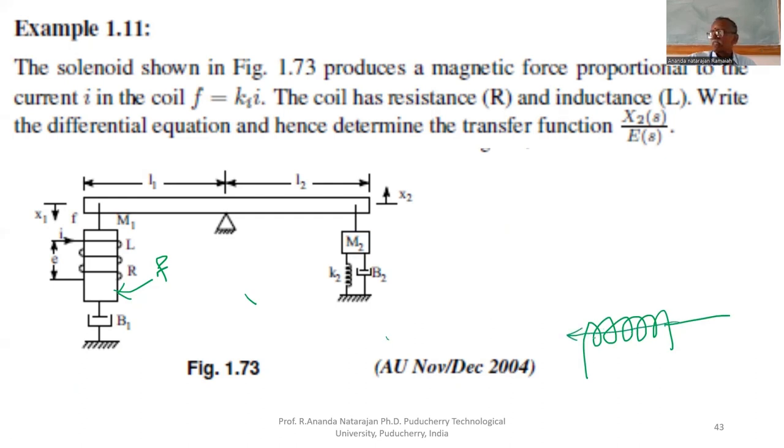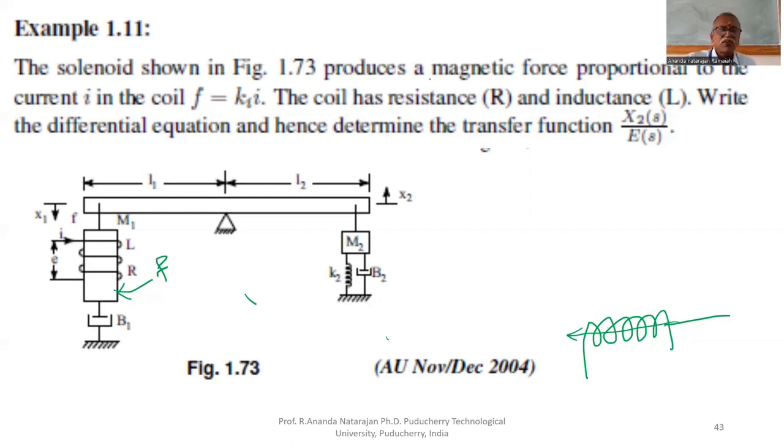This iron will move inside because its permeability is 800 times higher than that of air. That's why the iron will move inside. A force is developed. That is sufficient.